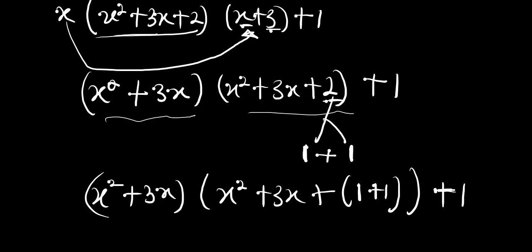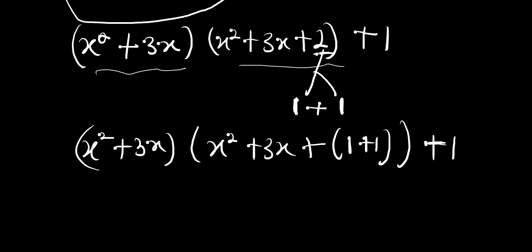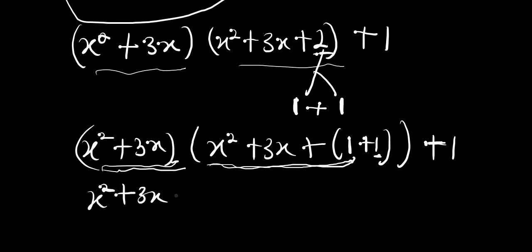So what we are going to do next is use what we have here and multiply with the first 3 terms here. Then the second time we are going to use what we have here and multiply with the 1 that we have here. So if you use this to multiply the first 3 terms, we are going to have x squared plus 3x multiplied by x squared plus 3x plus 1.